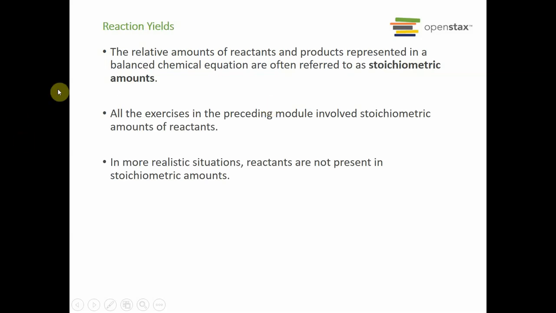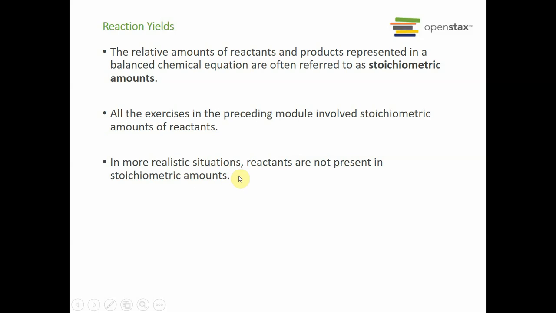Okay, the relative amounts of reactants and products represented in a balanced chemical equation are often referred to as stoichiometric amounts. All the exercises in the preceding module involve stoichiometric amounts of reagents. In more realistic situations, reactants are not present in stoichiometric amounts.